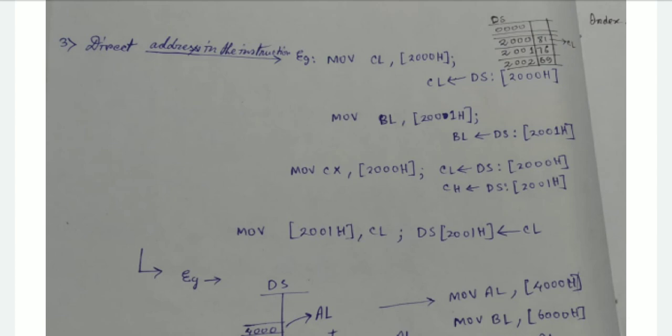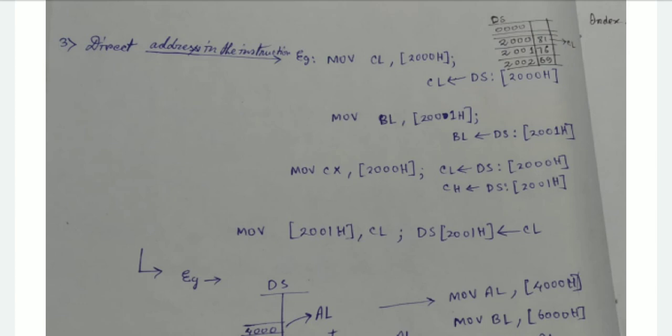MOV CL, [2000 hex] means move into CL the contents of memory location 2000. Actually 2000 is an offset address within the data segment. We go to that data segment and at offset address 2000 we fetch the data. Suppose at address 2000 we have 81. That means CL will get 81.